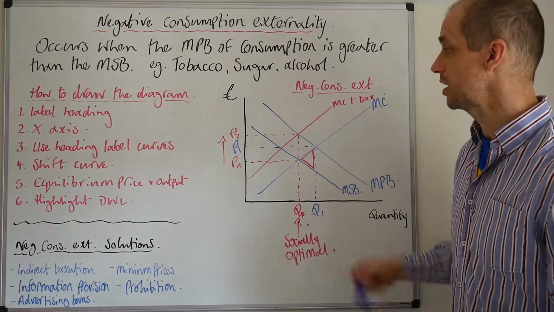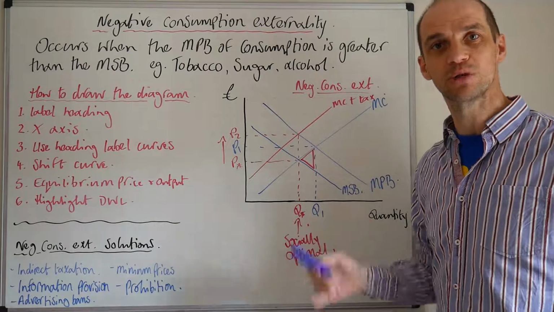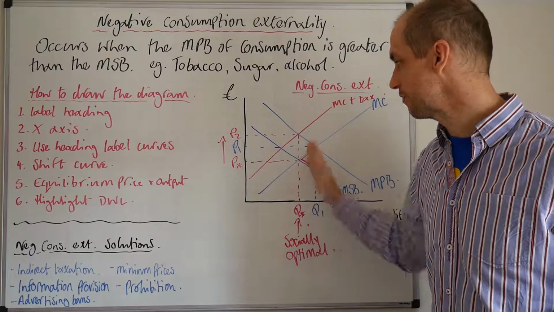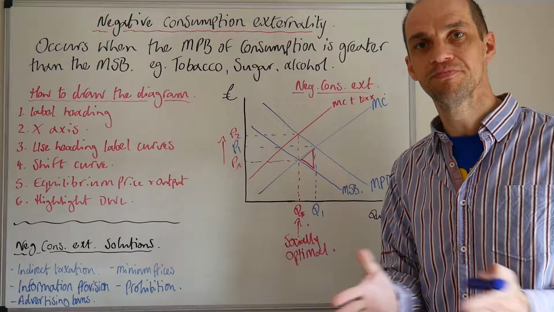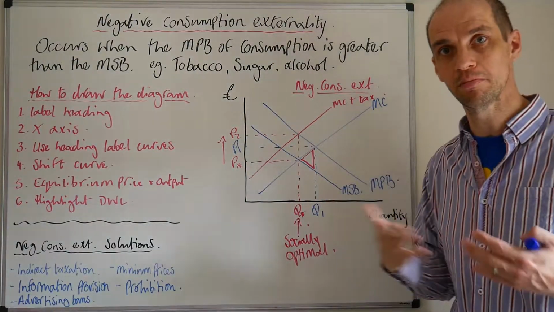Once again, we can also question the ability of the government to impose an appropriate level of taxation which is directly in line with the social optimum. It's just not going to happen. It's going to be imperfect in its implementation.